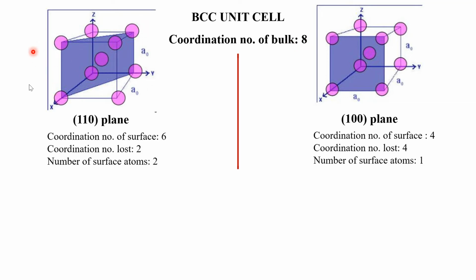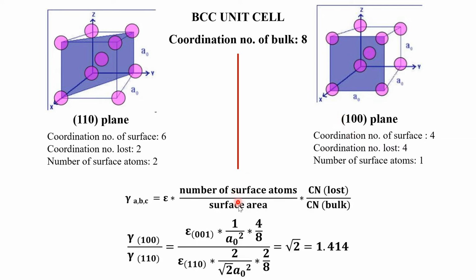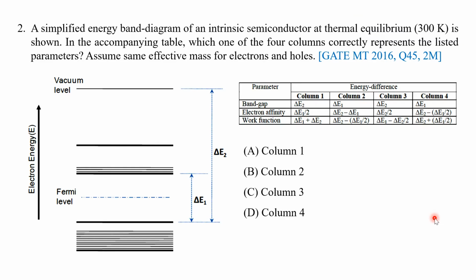Based on the way in which the plane is located, we can calculate the number of surface atoms, and once we have found all these along with the surface area, we will be able to find out the ratio. In our particular case, for a BCC metal, the 100 and 110 planes have a ratio of root 2, that is 1.414. I hope this is clear to all of you. So in that case, let us move on to the next question.